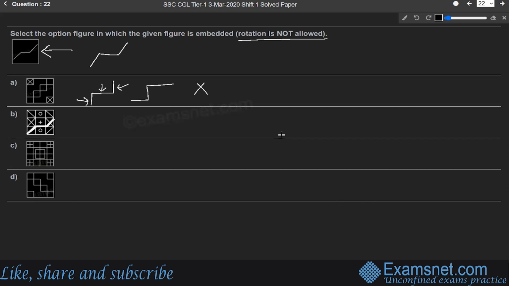Okay, we can also draw it in the form of imaginary lines to just understand it better. So consider this as the given box. We are drawing it in imaginary lines just to understand it more specifically.